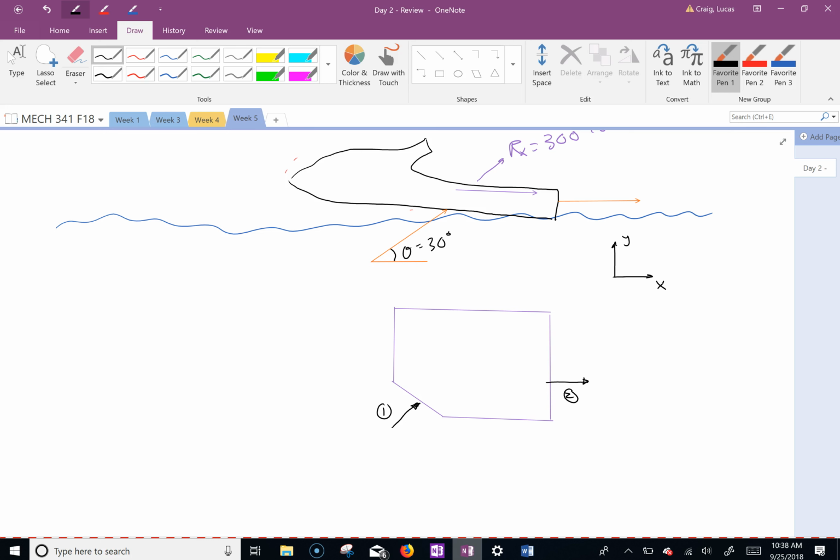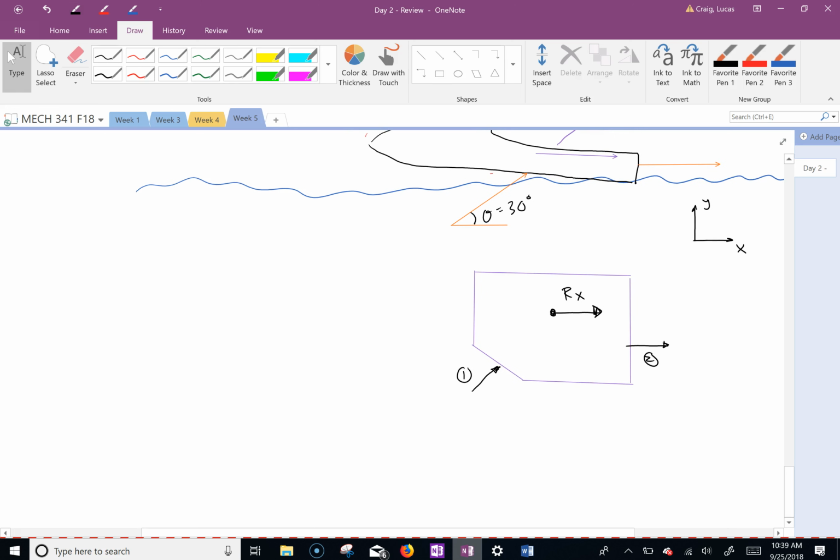So that's our control volume. And we have this thrust generated, which we'll call Rx. So over here, if we sum the forces in the x, max plus, what was it, out first, minus summation of m dot v x n.